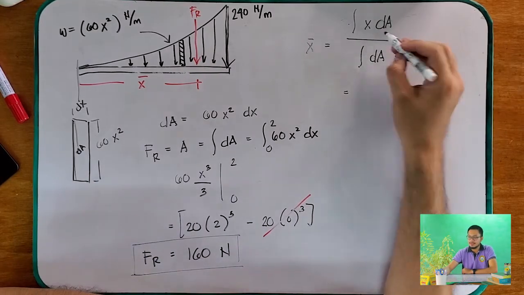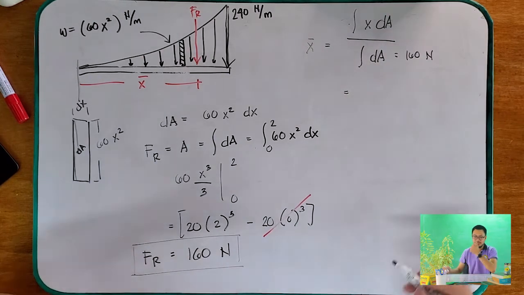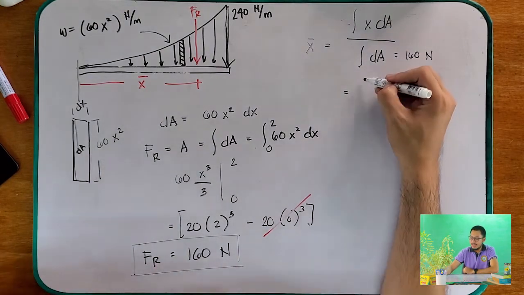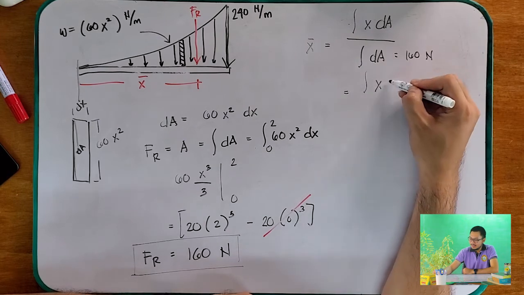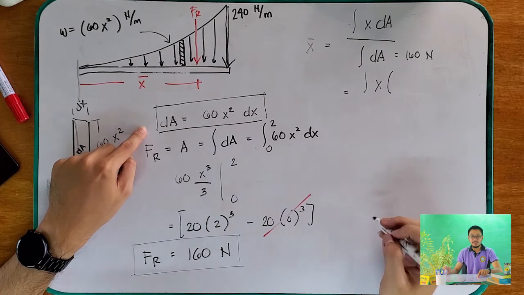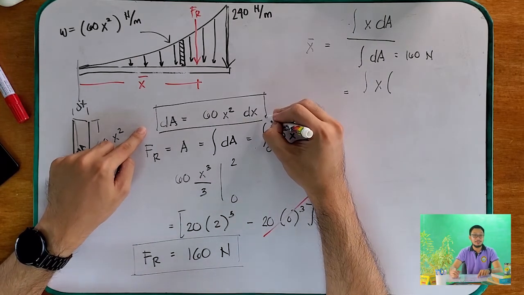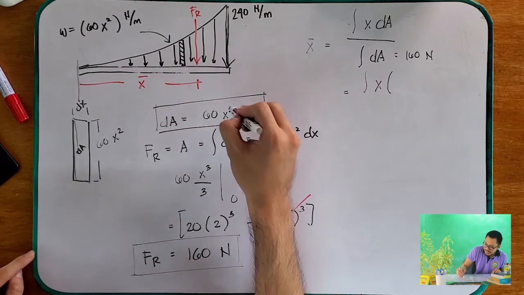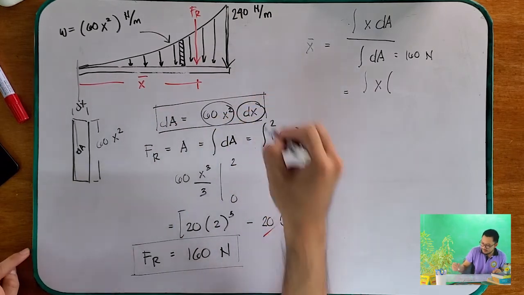So, the numerator is the integral of x times our dA. This is very important. You should always be able to formulate this. Okay? Again, your dA is just the differential area of your rectangle, which is your height times your length.